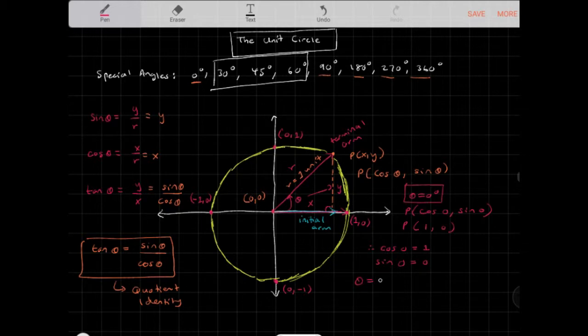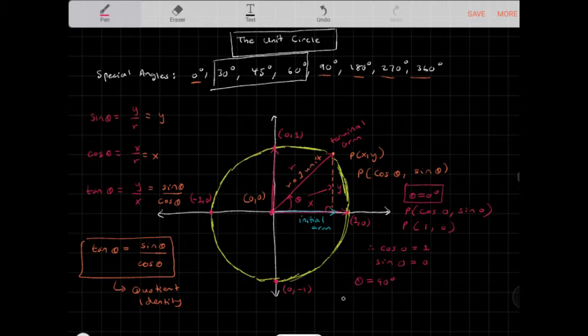Let's see what happens when theta is equal to 90 degrees. If theta was equal to 90 degrees, the terminal arm would be located here. Remember, the rotations are relative to the initial arm. If it's positive 90 degrees, this is a counterclockwise rotation of 90 degrees, so we'd expect the terminal arm to be positioned there.